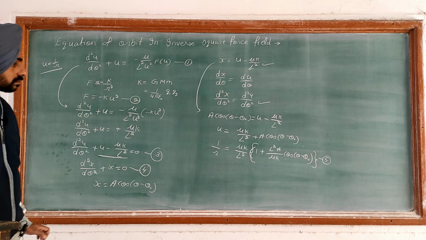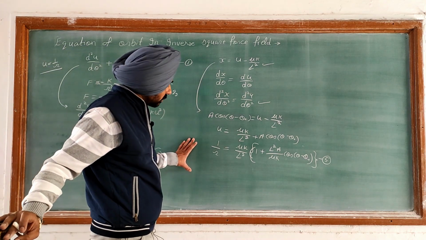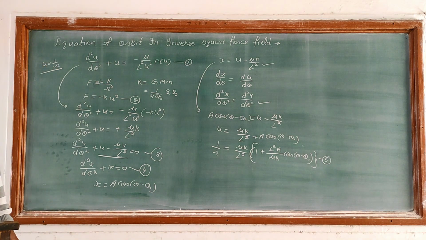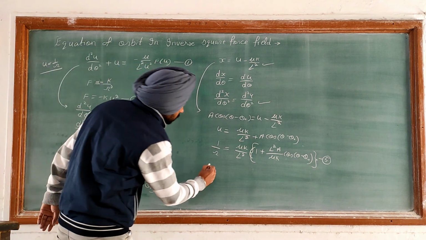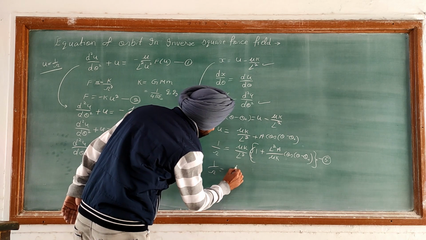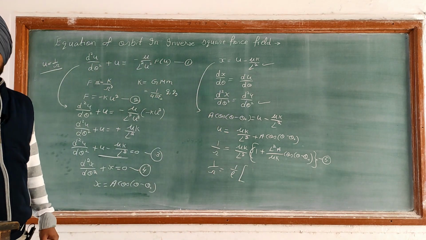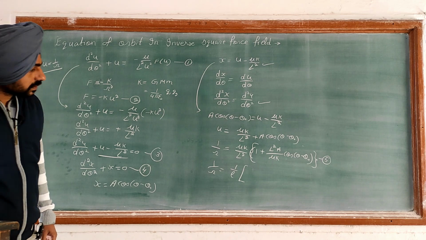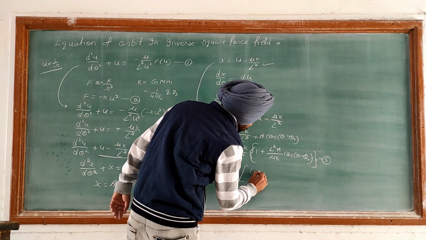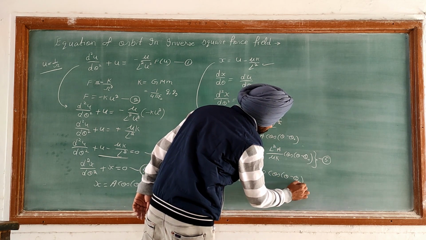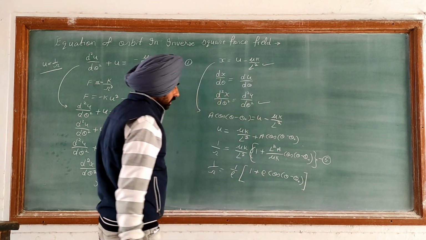And in your mathematics solid geometry, you know the expression of a general conic. The expression of a general conic is 1 upon r is equal to 1 upon l, where this l is the semi-latus rectum, 1 plus e cos(theta minus theta naught). This small e is eccentricity.